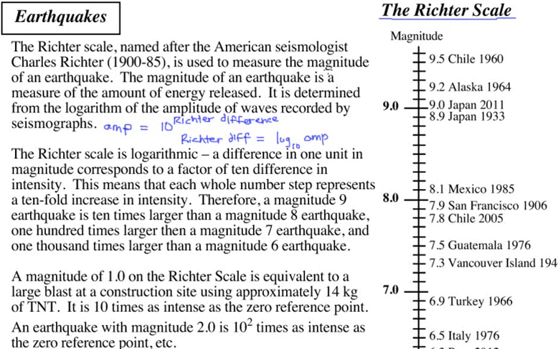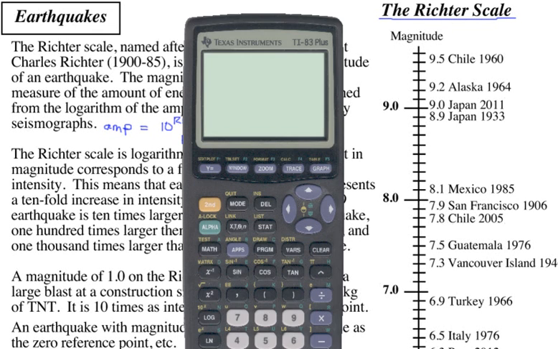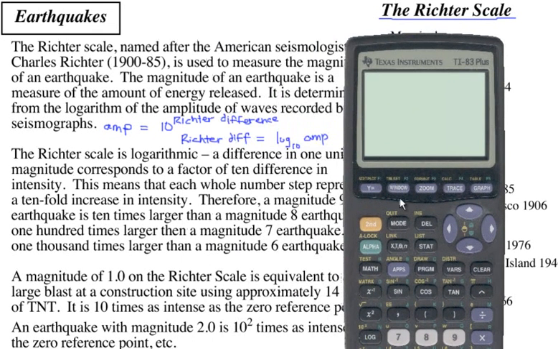So if an earthquake happens and then the following week another one happens and it's 500 times more severe, this formula says if you want to know the Richter difference, you do log 500. And that tells you, okay, an earthquake that was 500 times worse is 2.7 higher on the Richter scale. So the first one was a 4, the next one would be a 6.7, for example. Fair enough. We get to practice this a whole bunch more at the bottom of the page.